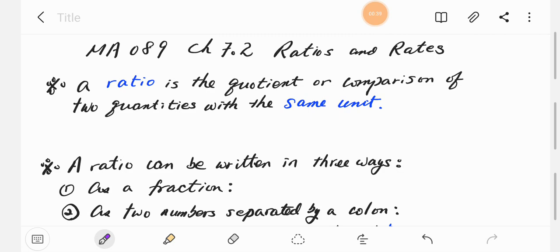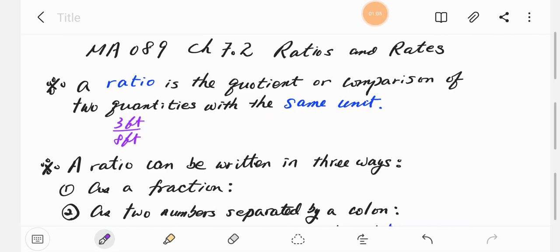So we can do something like this. 3 feet over 8 feet. This is a ratio, because you are comparing two quantities with the same unit.